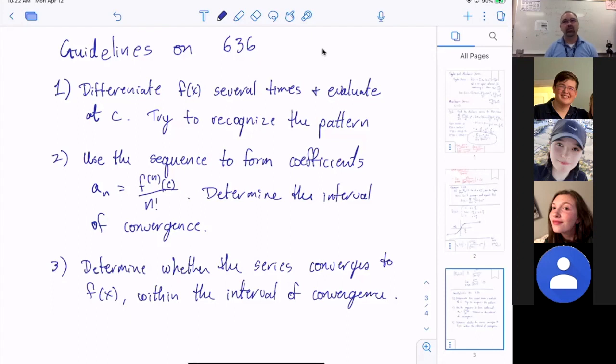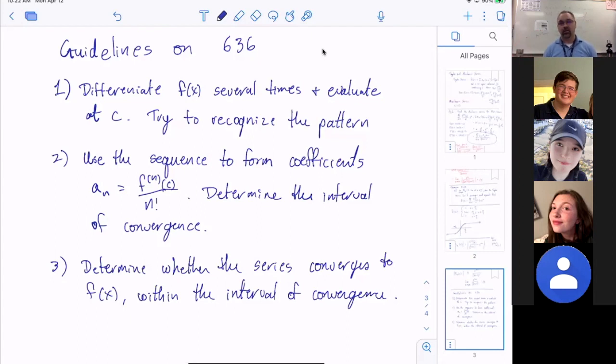But these are generally going to be a little more complicated, so we'll be looking at the actual ratio test and determining what that means for our radius of convergence, and then checking the endpoints to see if we have convergence at the endpoints.